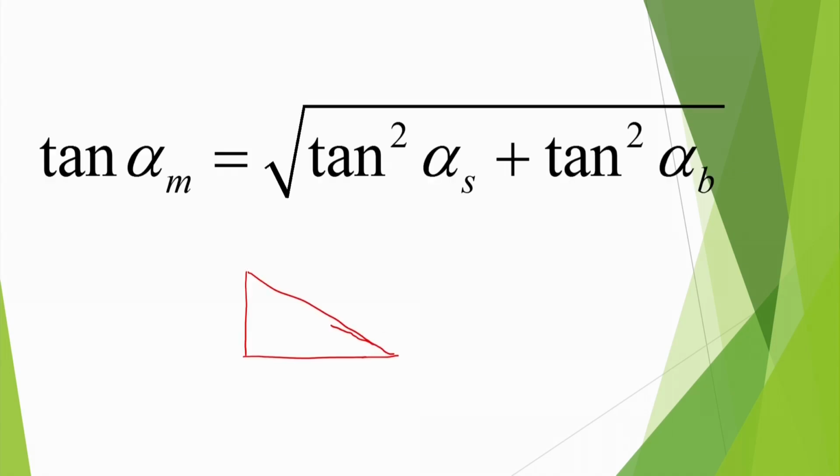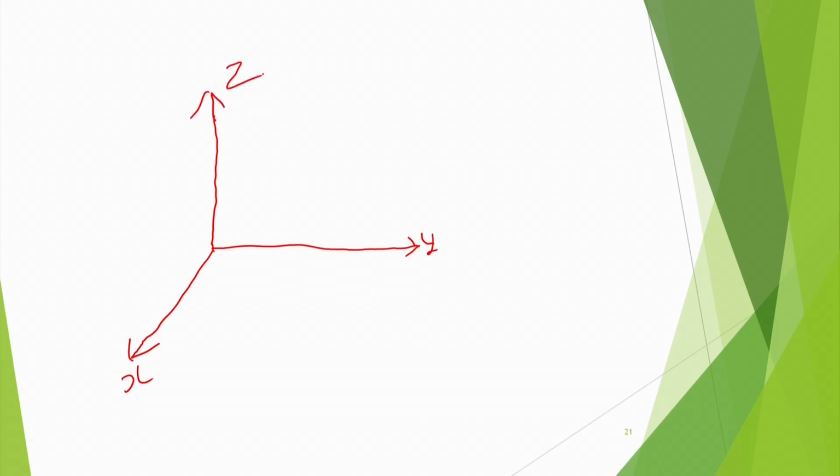I can derive it also very nicely. Suppose I want to derive it in your presence. That is why I have not already made this slide. Suppose I make a 3-dimensional picture. This is x, y, and this is the vertical line z. So x, y, z. It is basically out of your screen, but I am showing it at a 45-degree inclined line x, that you very well understand.